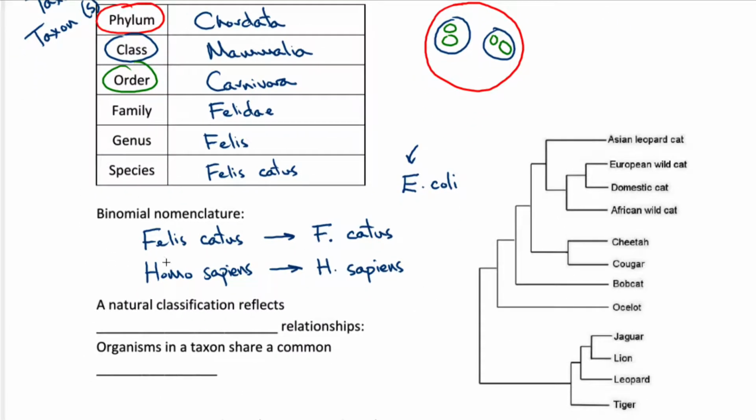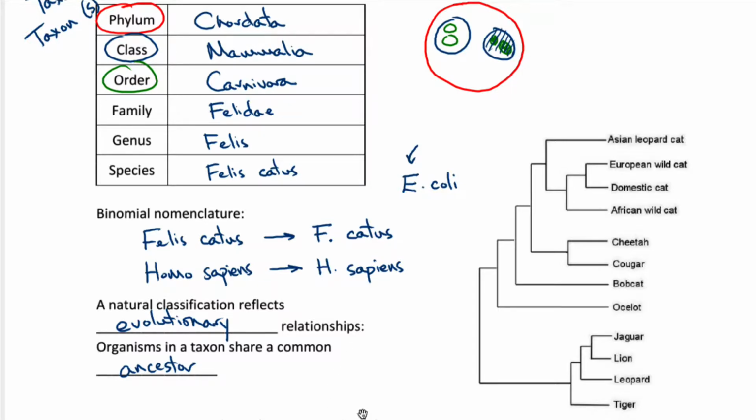A natural classification reflects evolutionary relationships, and it does so because all the organisms in a given taxon share a common ancestor. So what that would mean would be all of the organisms in this order have a common ancestor, and all of the organisms in this order have a different common ancestor, but they share a common ancestor at the level of the class that I've drawn here in blue.